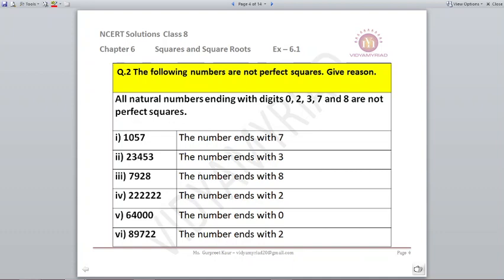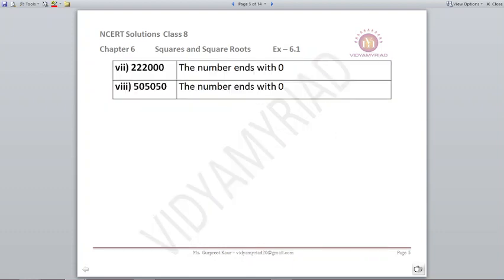So all these numbers are not perfect squares since their unit place is made up of, please remember the rule, 0, 2, 3, 7 and 8. 222000, it is ending with 0, so it is not a perfect square. 505050, now again it is ending with 0, so it is not a perfect square.